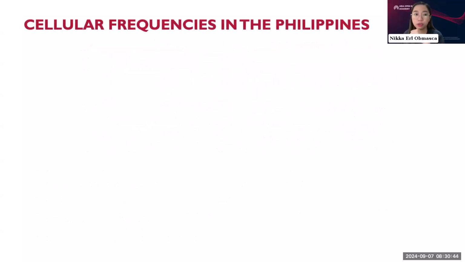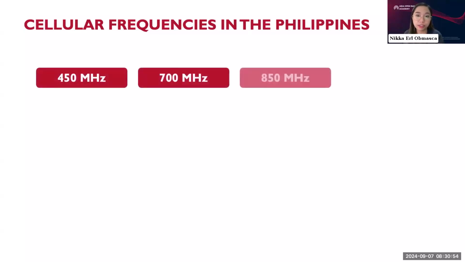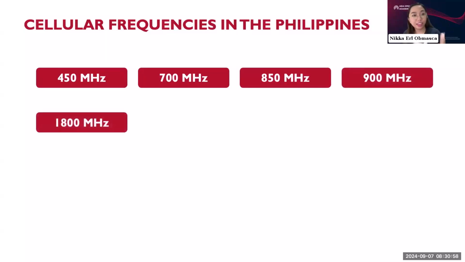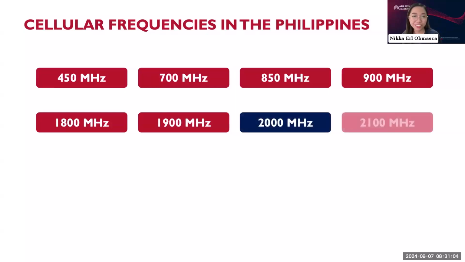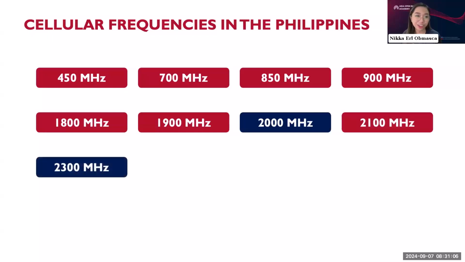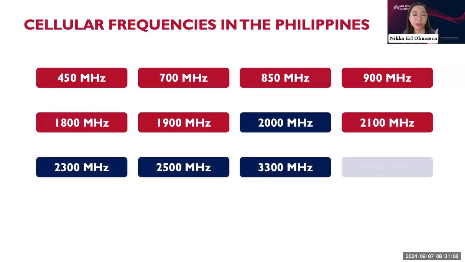Okay. So there are different cellular frequencies that are existing here in the Philippines. So we have 450 megahertz, 700 megahertz, 850 megahertz, 900 megahertz, 1800 megahertz, 1900 megahertz, to 2000 megahertz, 2100, 2300, 2500, 3300, and 3500. So ano ba tong blue and red?